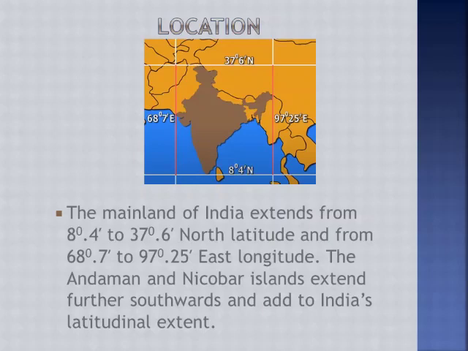The Andaman and Nicobar Islands extend further southwards and add to India's latitudinal extent. The Andaman and Nicobar Islands lie in the Bay of Bengal. They do not lie in the mainland of India, but yet they are a part of the Indian territory. Hence, where the Andaman and Nicobar Islands end, there ends India's latitudinal and longitudinal extent.